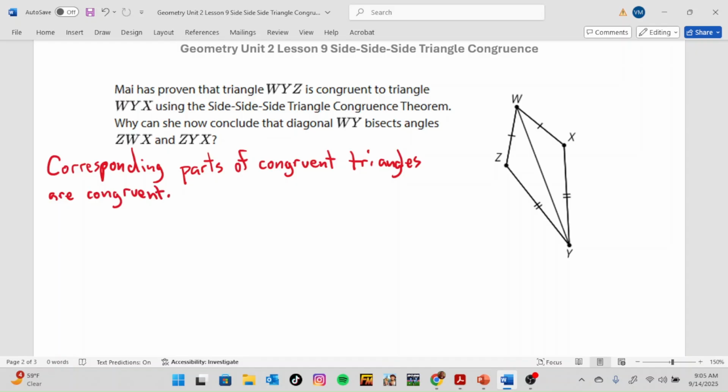This means that angle ZWY is congruent to angle XWY.